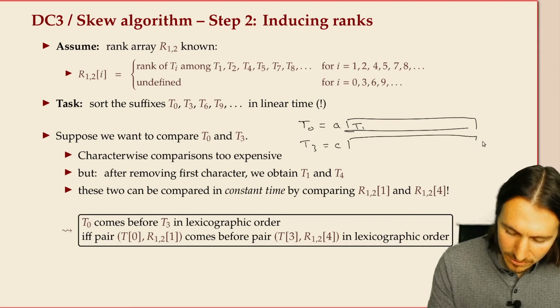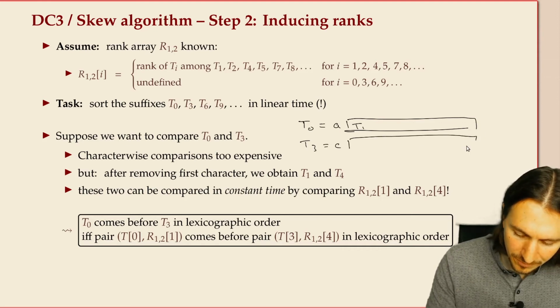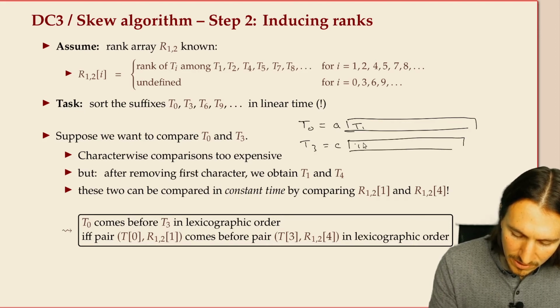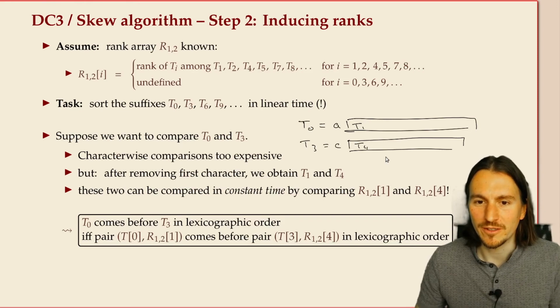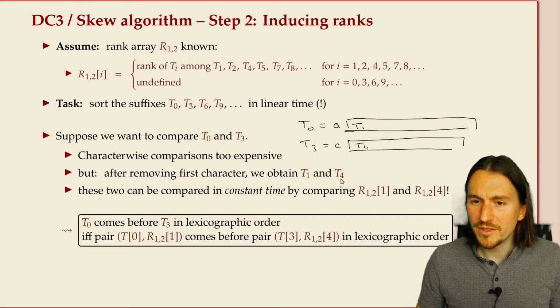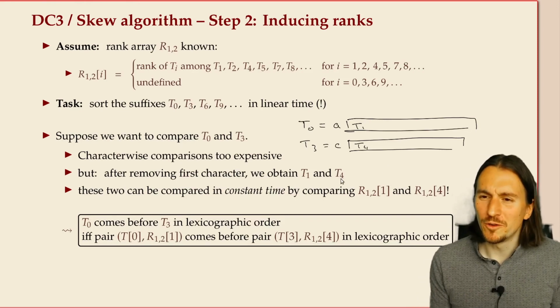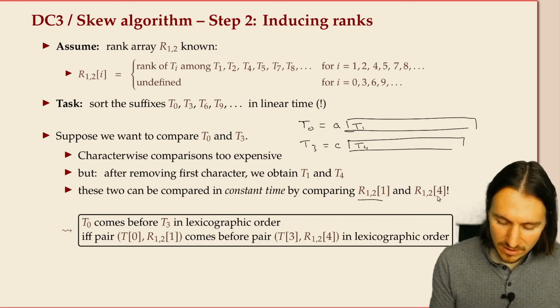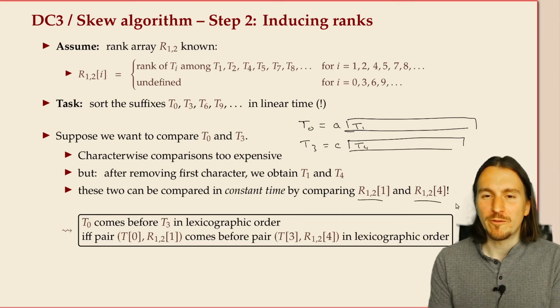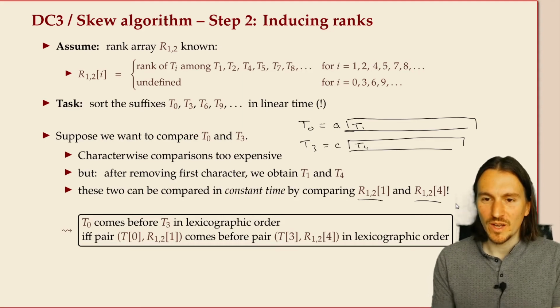We don't know in general. This remainder should be shorter. So that's T4, because we split off the first character. Now T1 and T4, 1 and 4, are not multiples of 3. So we can take their ranks from what we've previously computed and compare them by just comparing the ranks.